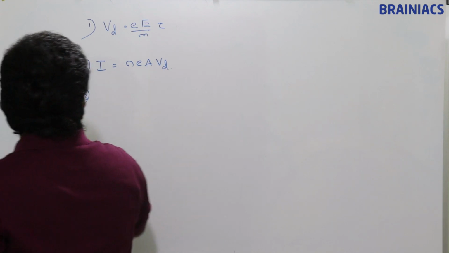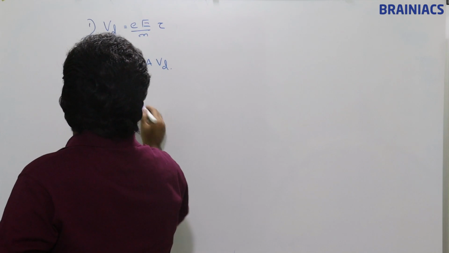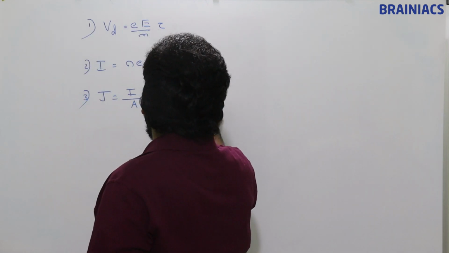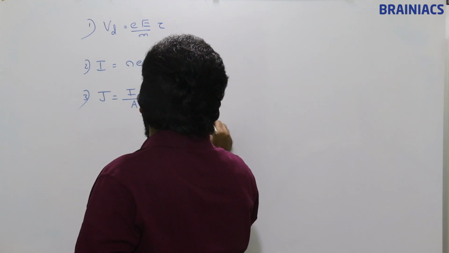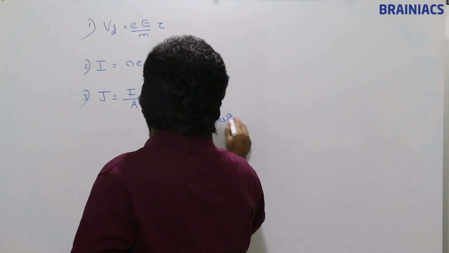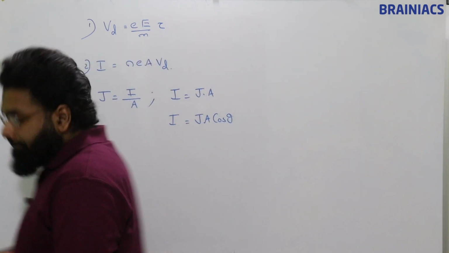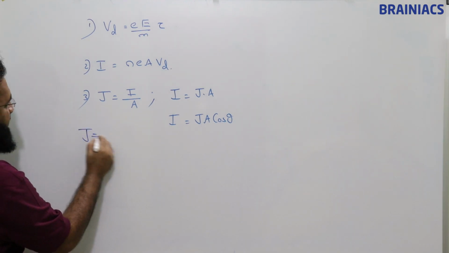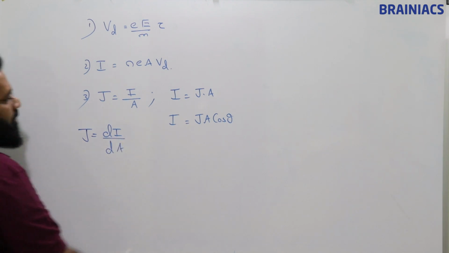Then third point, current density J is equal to I by A. So current is equal to J dot A, or current is equal to JA cos theta. If the current varies with area, if J is given as dI by dA, we will have to do the same way.